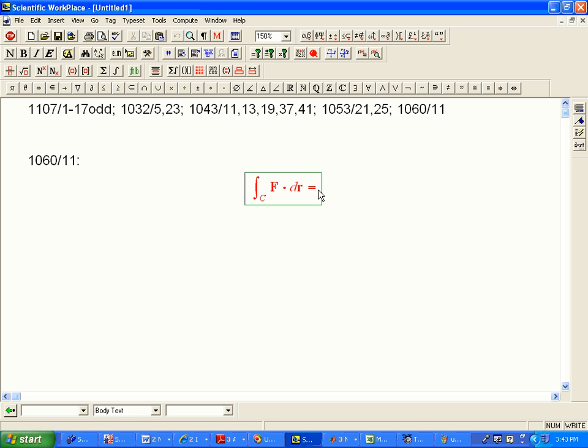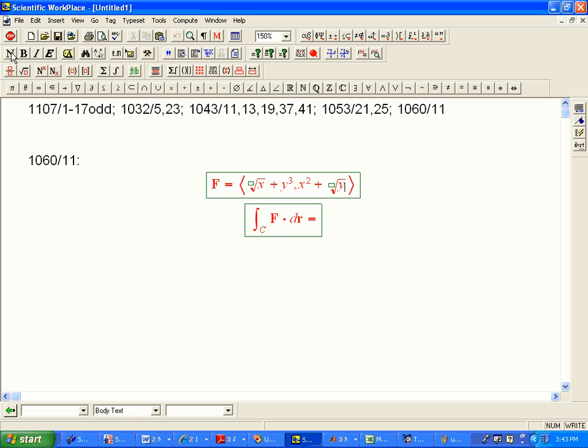So this is the integral of, our vector field is root x plus y cubed, and then x squared plus root y.